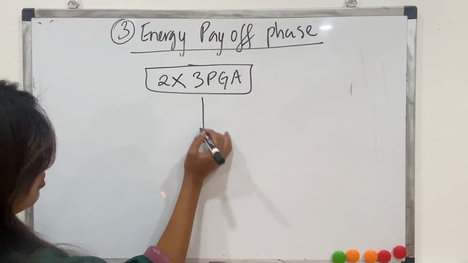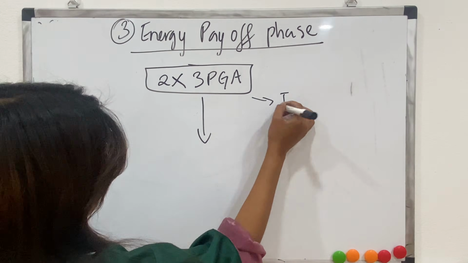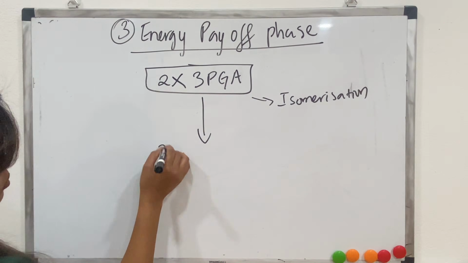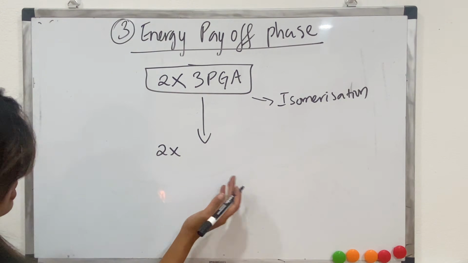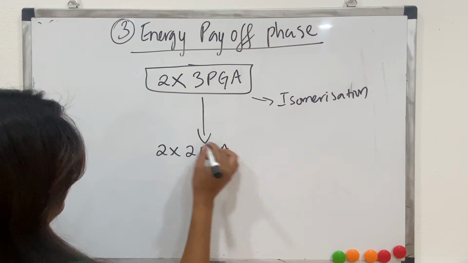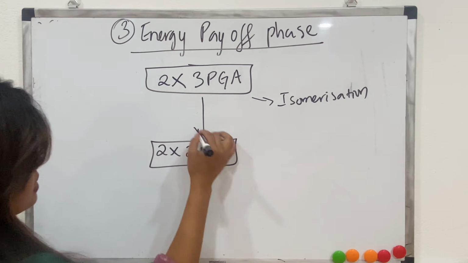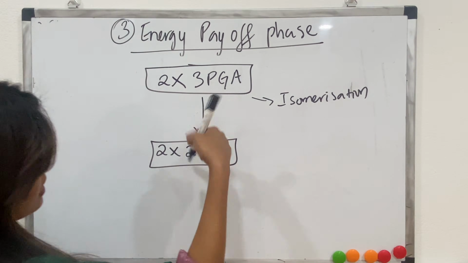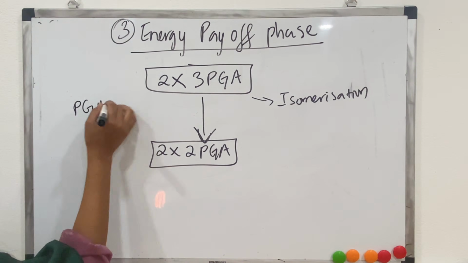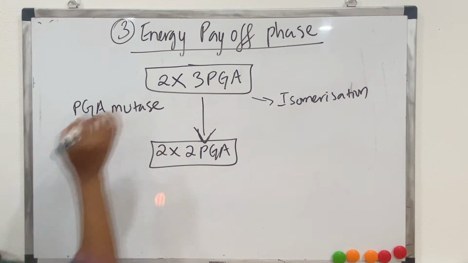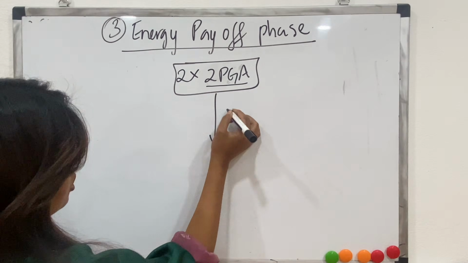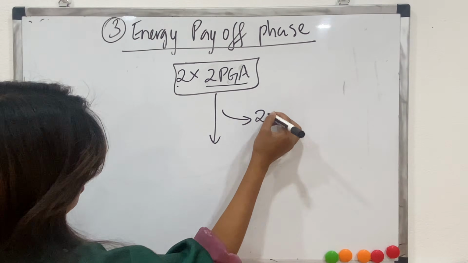In the next step, two molecules of 3-phosphoglycerate will simply undergo an isomerization process, which means it will undergo rearrangement. And when it undergoes rearrangement, it will simply get transformed into its isomer, that is, two molecules of 2-phosphoglycerate. And the enzyme that catalyzes this reaction is phosphoglycerate mutase. In the next step, two molecules of 2-phosphoglycerate will simply undergo a dehydration process.